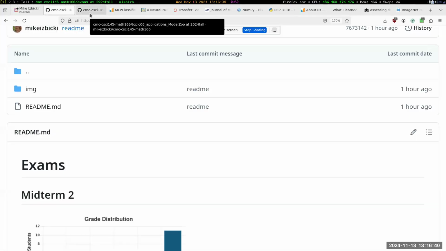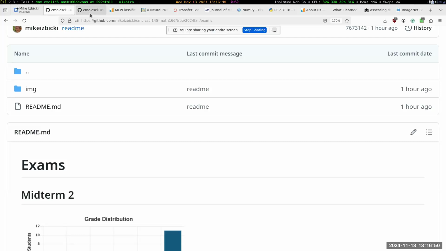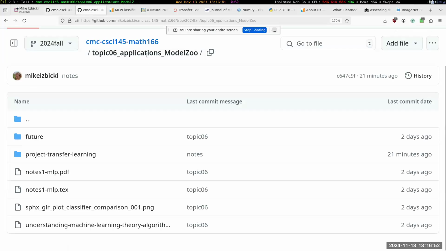Okay, welcome to our data mining class. For today, we're going to do several things. One thing is there's another printout up here up front, located in the GitHub repository for electronic people, in the project transfer learning inside of the topic 6 applications model zoo folder.